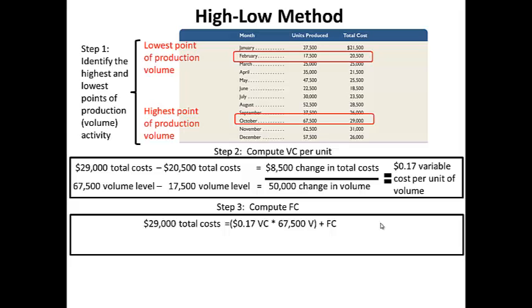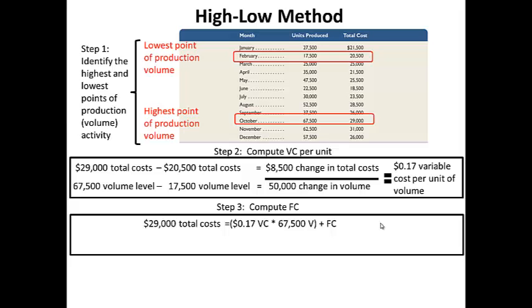When I say $29,000 in total cost, I'm using the highest point of production. I could have also used the lowest point, but I just chose the highest point. So we have $29,000 of total cost in October. That's our total cost.